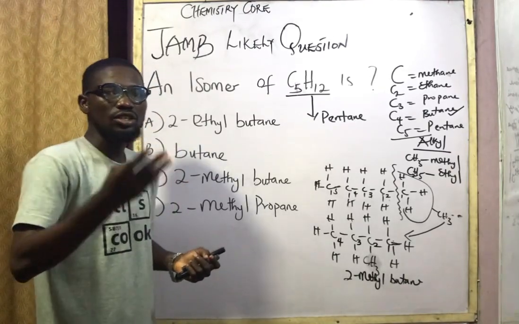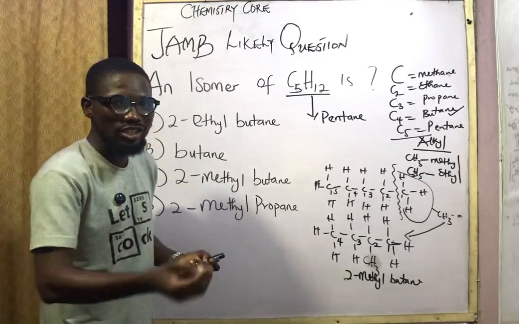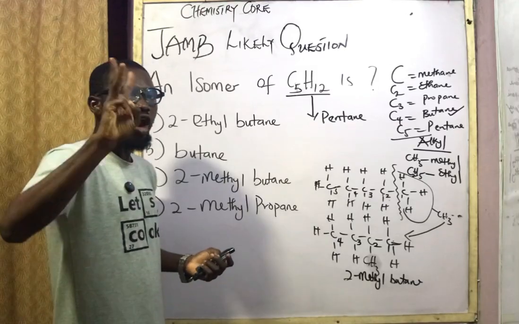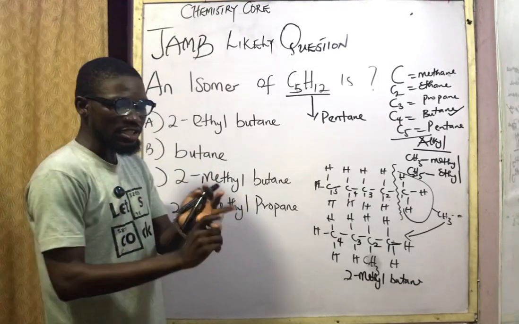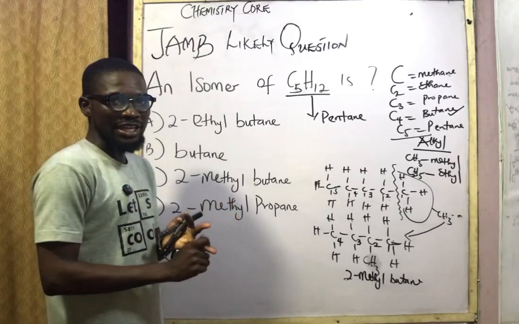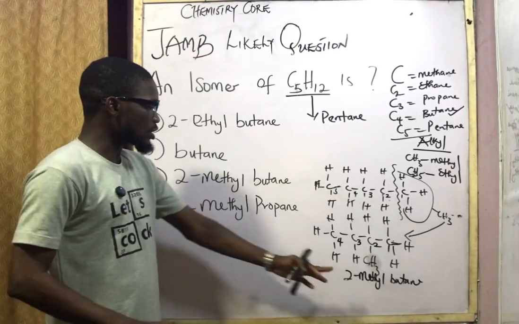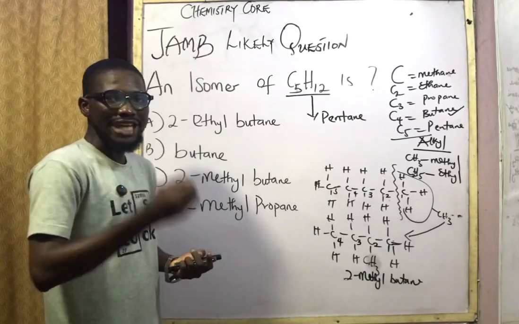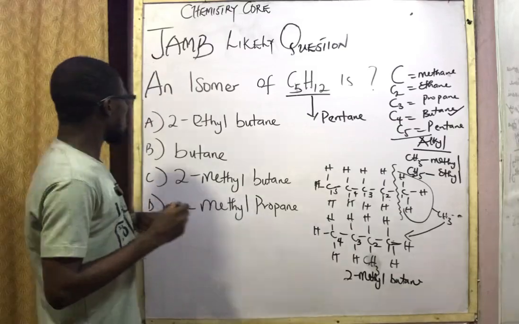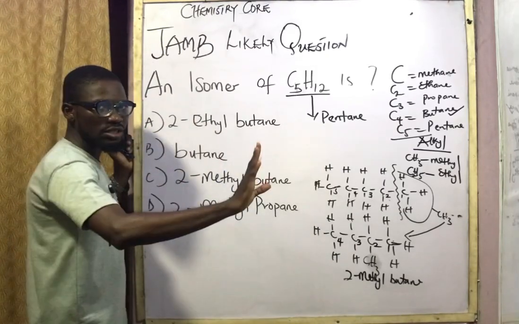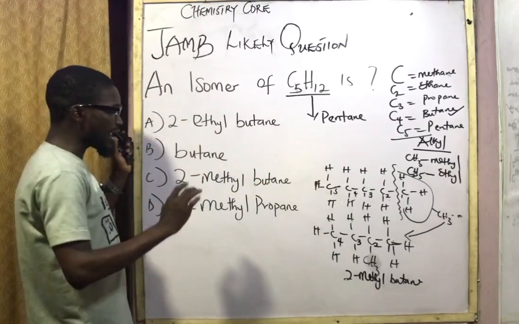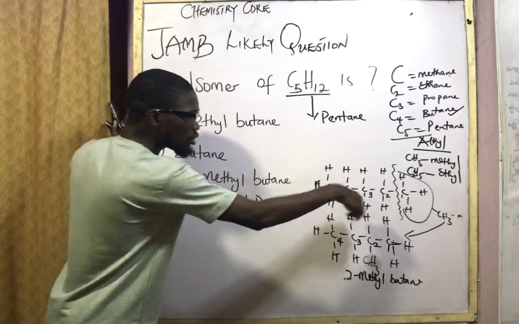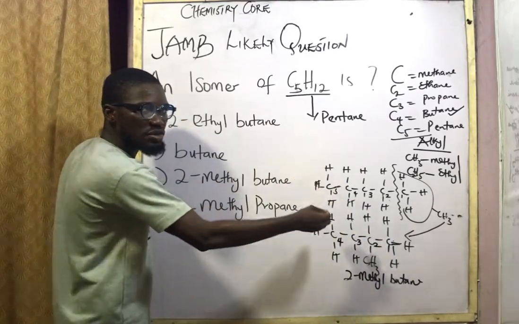But we are not asked to tell how many isomers pentane has. In case you come across it, that is why I made mention of the 3 isomers. Again, the first one is n-pentane. The second one is isopentane, which is 2-methyl butane. The third one is neopentane, which is dimethyl propane. Is that clear? So guys, 2-ethyl butane is not correct. Rather, we have 2-methyl butane, which we have shown the illustration of how we can deduce the answer.